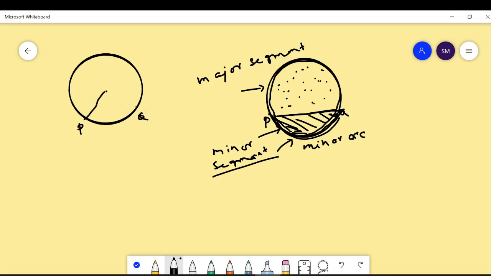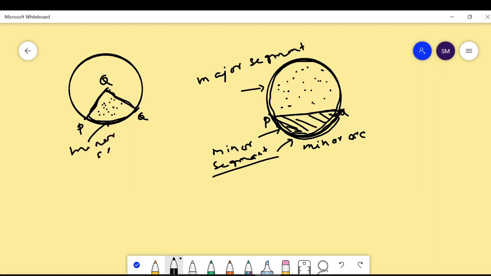Then join OP and OQ, which are radii. The area between the two radii and the arc is called the minor sector.